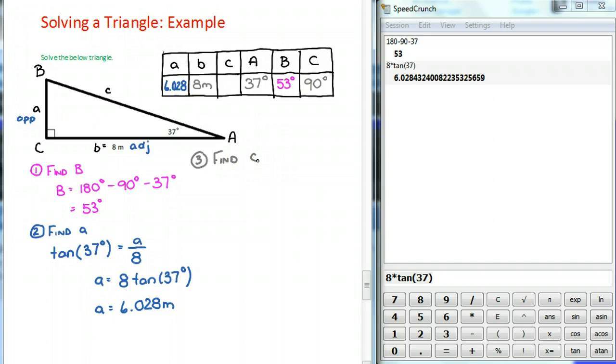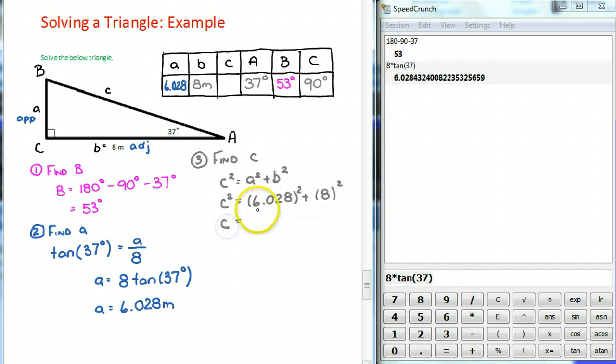I could, if I wanted, use Pythagoras' Theorem. So we know that C squared is equal to A squared plus B squared. So C squared is equal to A, which is 6.028 squared, plus B, which is 8 squared.